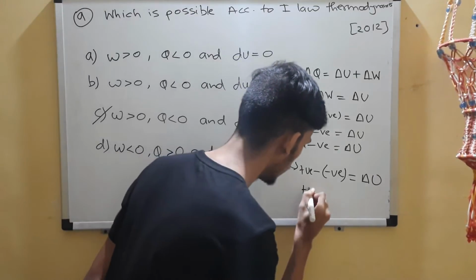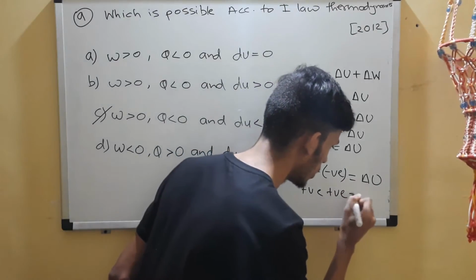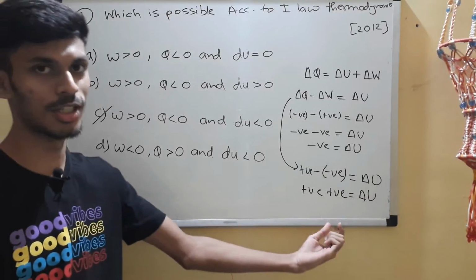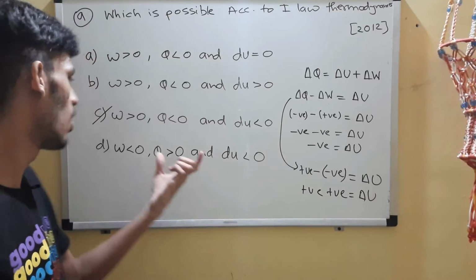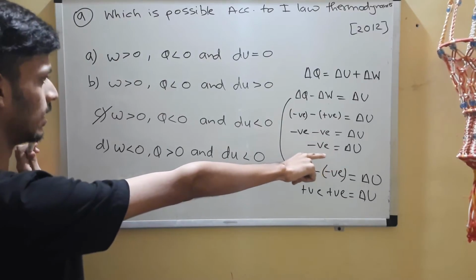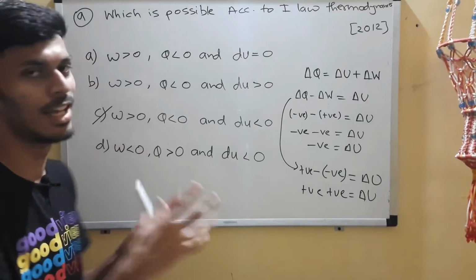No, you can see that this will be negative into negative, positive. So positive plus positive will obviously be positive. So internal energy will be positive, which is not the case over here. Option D is incorrect. The correct option is option C: internal energy should decrease if work is positive and heat is negative.